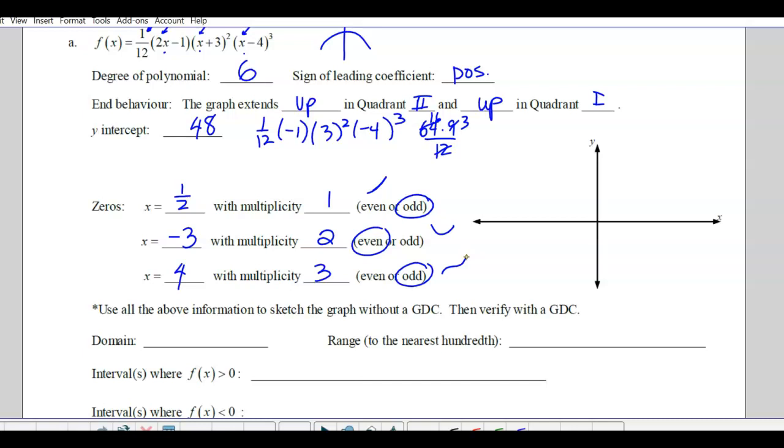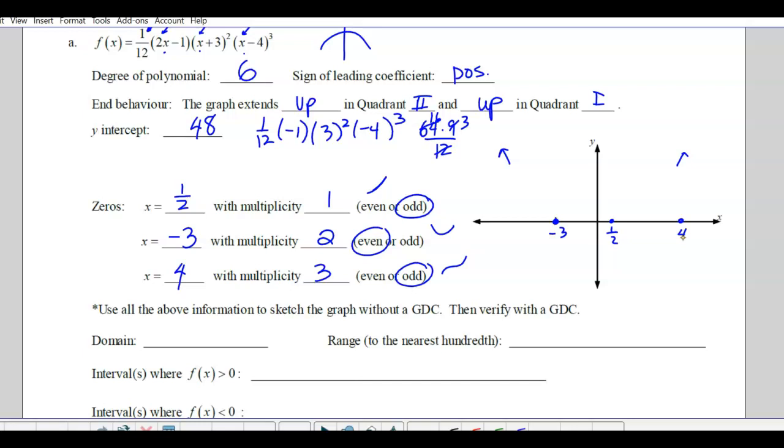Okay, so we do know the y-intercept is 48. We know it's going up here, so I always just do 2 arrows to help me get started. Then I'm going to eyeball the x-intercepts, so 1/2, -3, and +4. With the +4, it has a multiplicity of 3.